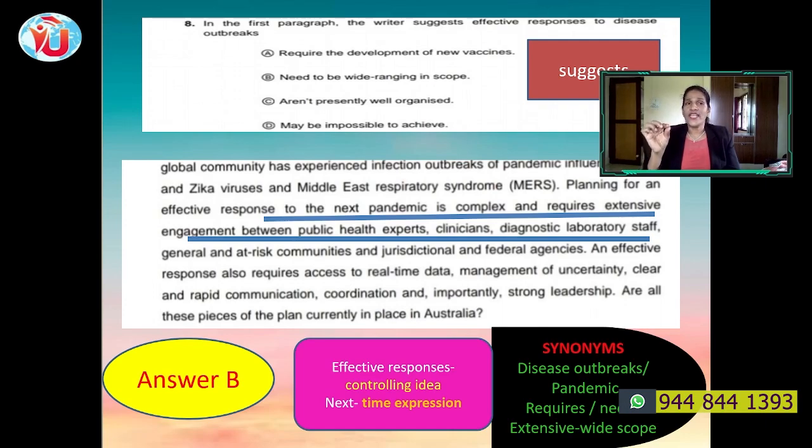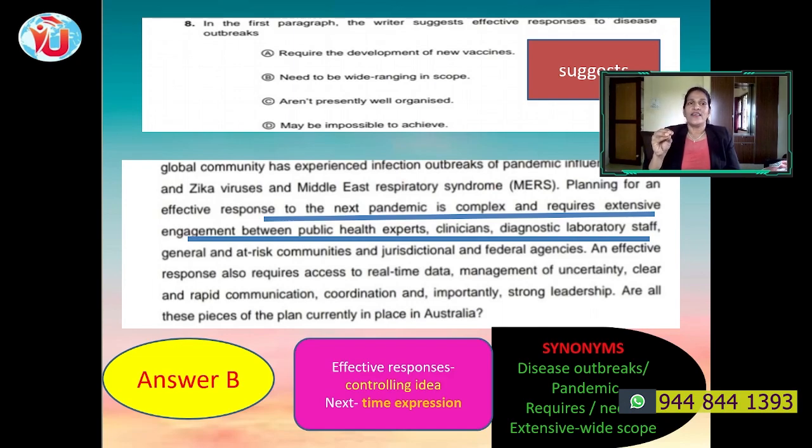Here, when you read the question, you are looking for who suggests, and you're looking for the controlling idea in the paragraph. The controlling idea is here, effective responses. That means you will respond to the disease outbreak, but how effectively is very important. Involving whom? So, the answer according to this is B. Why?